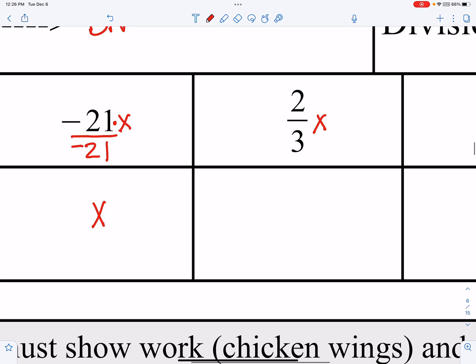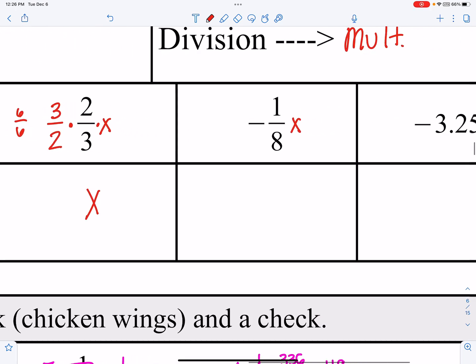When we're multiplying by fractions, I'm not going to divide by 2/3. We're going to instead multiply by the reciprocal. By doing that, I create 1 whole because this creates 6/6, and I end up with x. Okay. Over here, I'm multiplying by negative 1/8, so I'm going to multiply by the reciprocal. Again, if this helps you to put the negative symbol up there, do that.